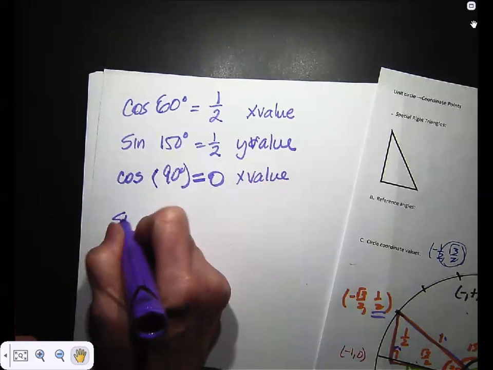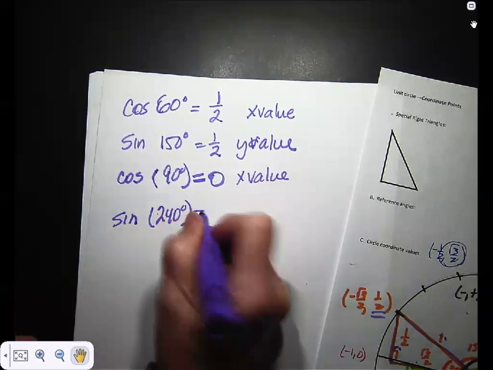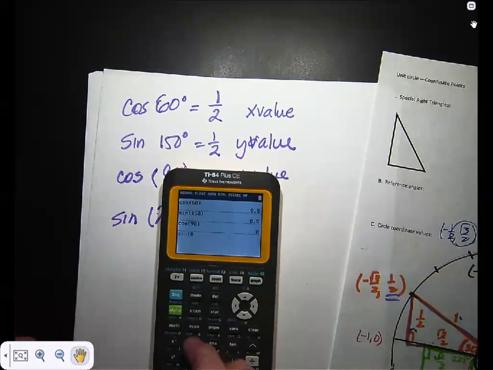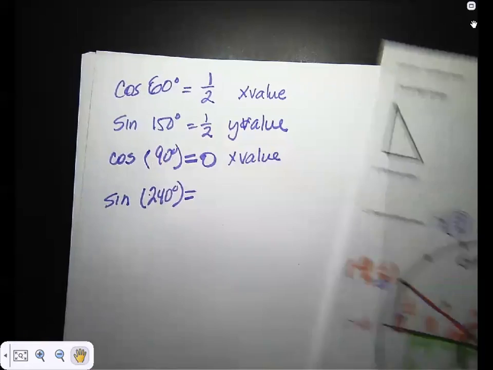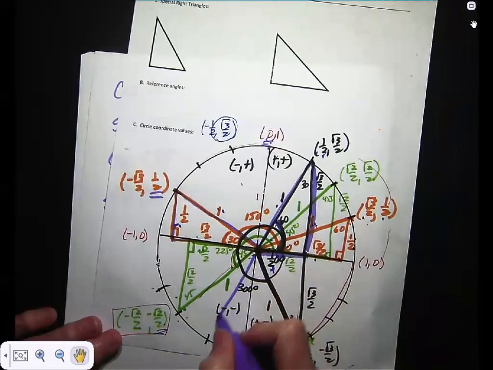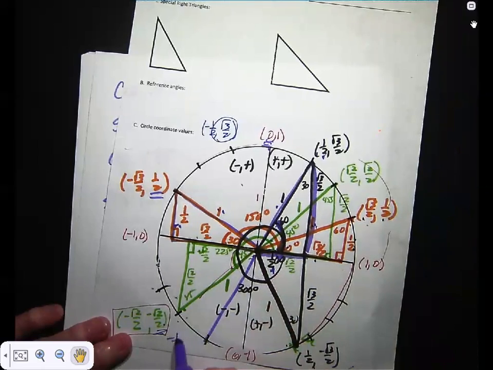If I took the sine of 240 degrees, I get a weird number. But if I look at this, that's going to give me 240. Oh, I didn't use the right one. So that would be here, right? Which we know is negative 1/2, negative square root of 3 over 2.